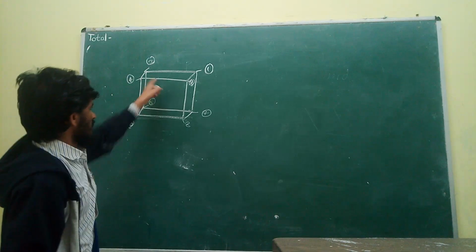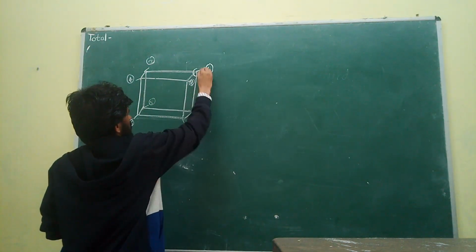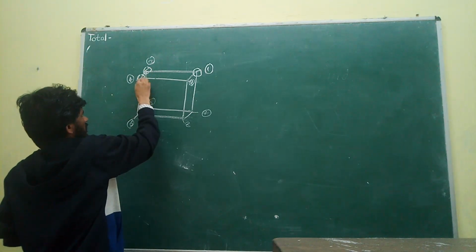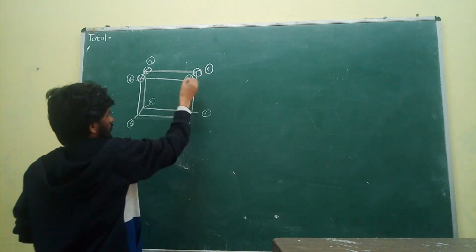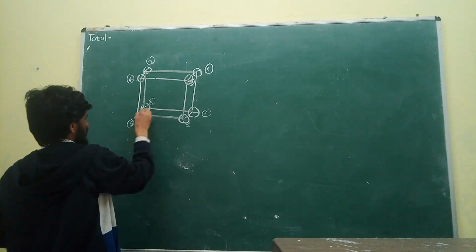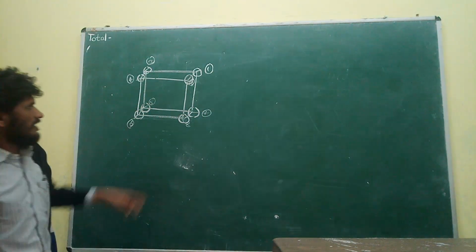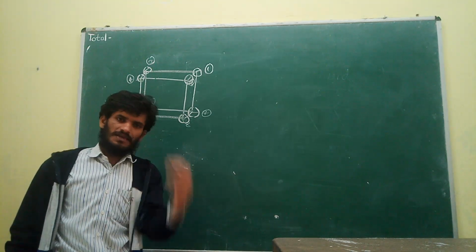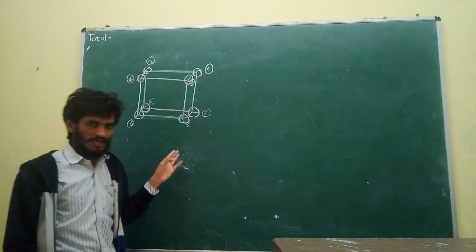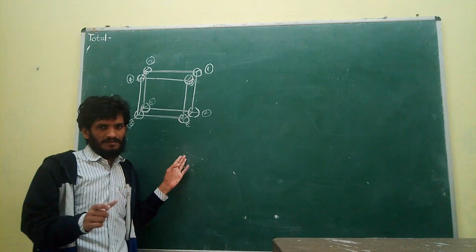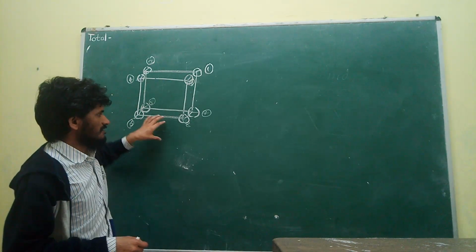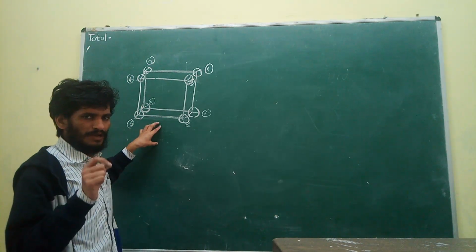In 8 corners, 8 atoms are present. 8 atoms, 8 particles, 8 ions or 8 molecules, according to the type of crystal. There is no need to consider only atoms; I am taking atom as an example. So 8 corners, 8 atoms present. This is a cubic unit cell, a simple cubic unit cell.